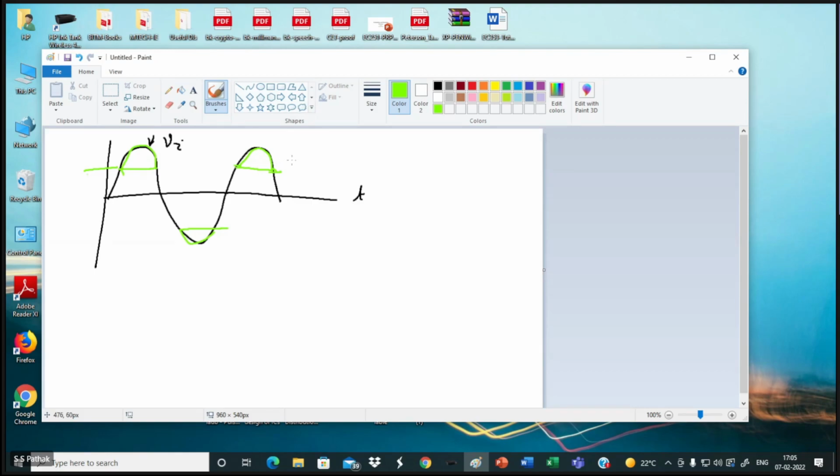One-way clipping is fine, but if I want to go for two-way clipping, what am I getting? It is something coming like this. This portion I want to drop. Is it possible to drop this portion? It has to be a single valued function. So here it's a kind of raising the DC and then getting this.